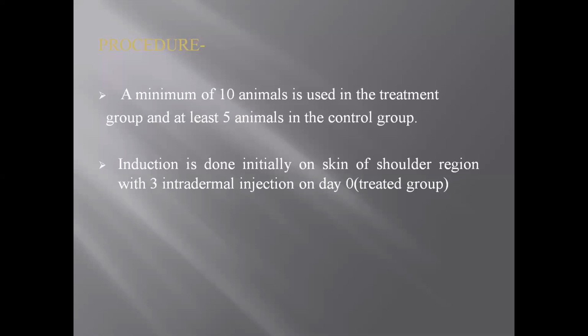And for these inductions, the concentration of the test substance should be well tolerated and it should be the highest to cause mild to moderate skin irritation. And the concentration used should be a highly non-irritant dose.